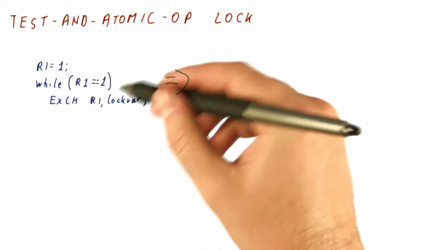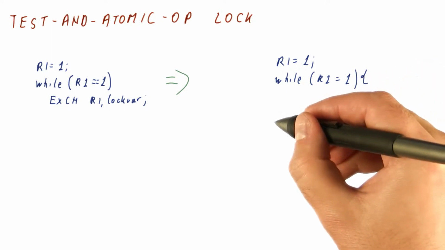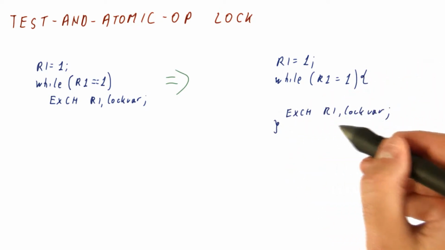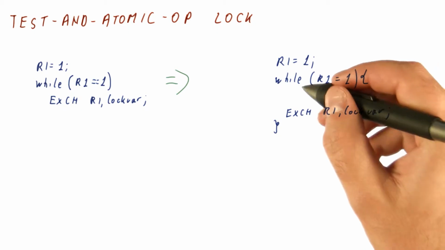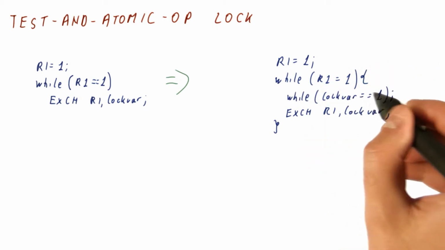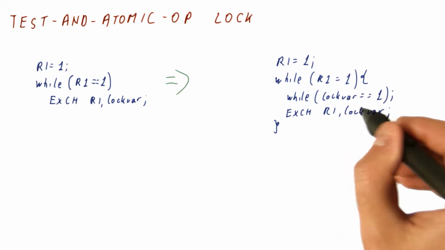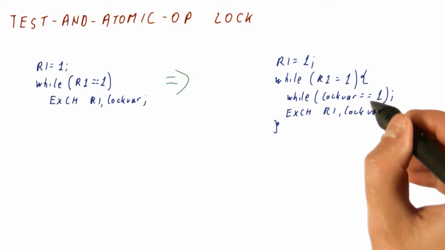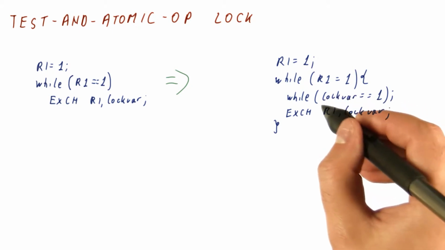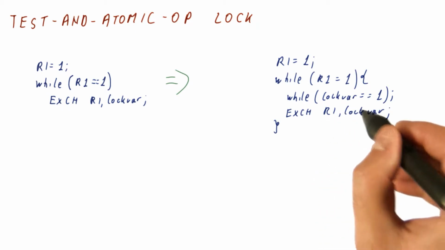To make it more efficient, we do the same type of looping here, but we don't immediately try to swap. What we do first is use normal loads to wait for lock var to become 0. So the idea is that we're using normal loads while lock var is busy. If we observe that it's free, we try to grab it by doing an atomic exchange.